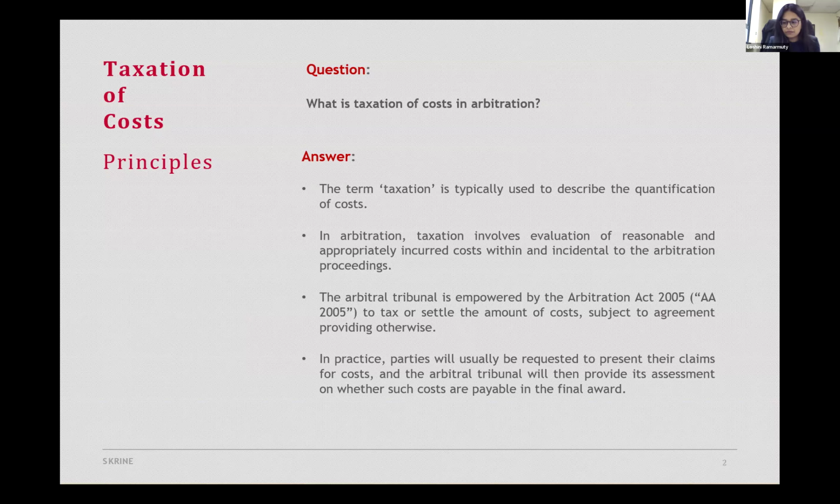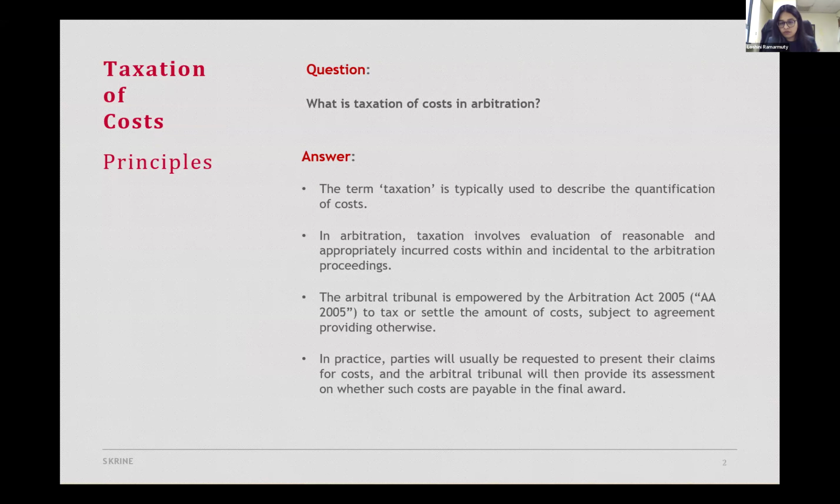From my experience, either the parties will write to the arbitrator to say that they now want to submit on costs and to get further directions on the filing of submissions specifically in relation to costs. Alternatively, the tribunal itself would give directions, when giving directions for written submissions, to also include submissions on costs. And that is how it's typically done.